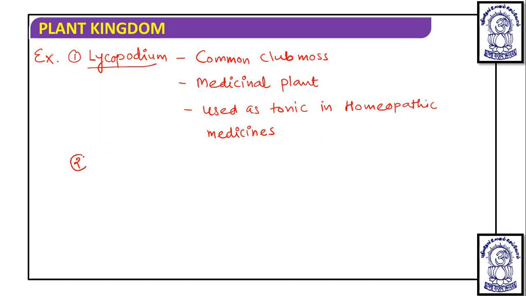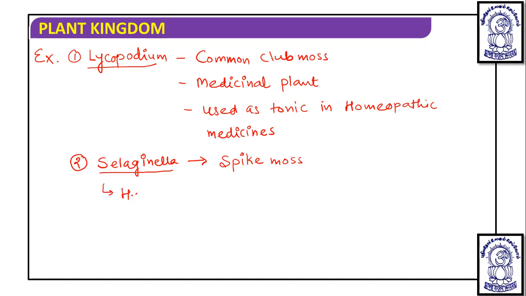Another important example of this class is Selaginella, which is also known as spike moss or resurrection plant, and that we will discuss.